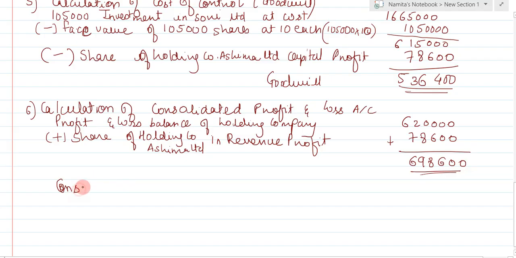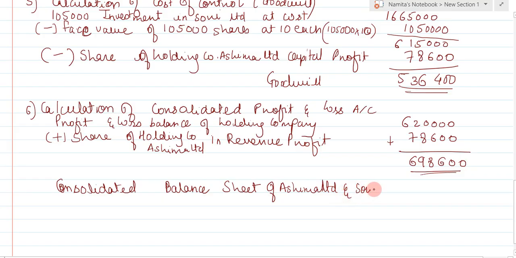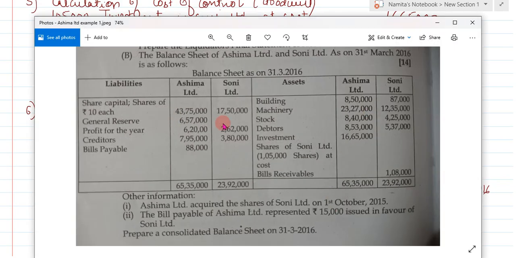So prepare the consolidated balance sheet of Anshima Limited and Sony Limited as on 31st March 2016. In the question, the assets and liabilities of both the companies were given separately.